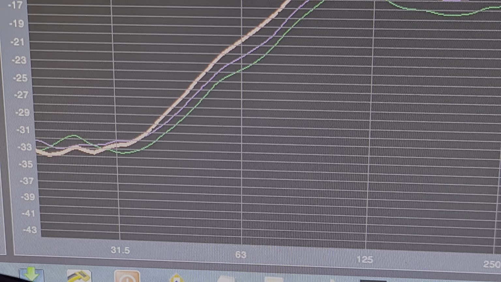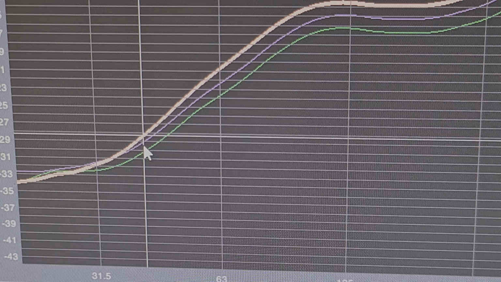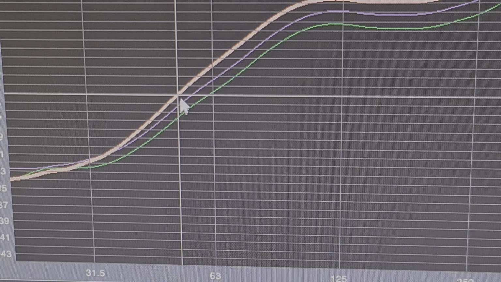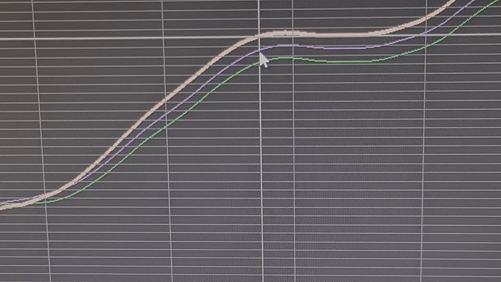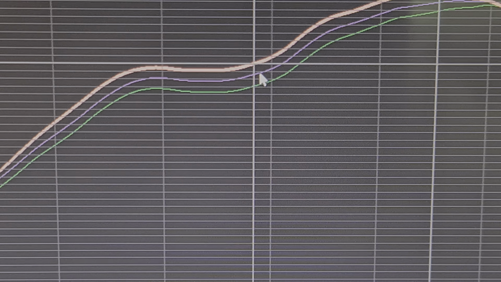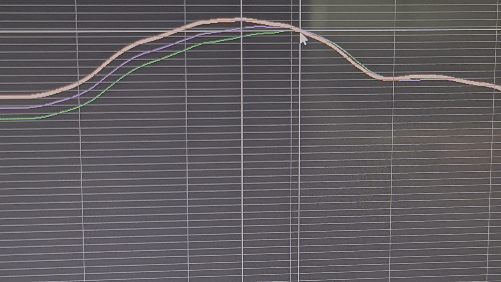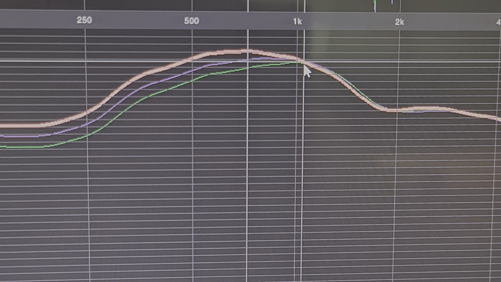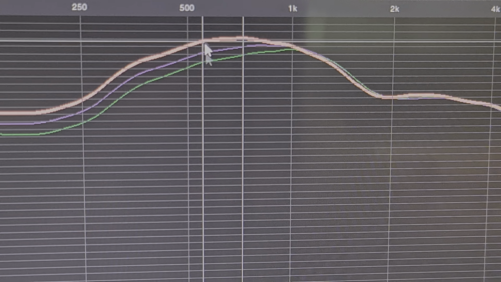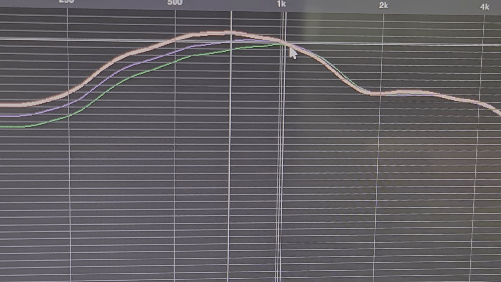So now we're smoothing at a third of an octave. So here you can see the splits about 1 to 2 dB up to about 125 Hertz, and keeping that trend all the way until this point where they all merge at 1K. This is probably where phase wrapping around the piston becomes beaming.